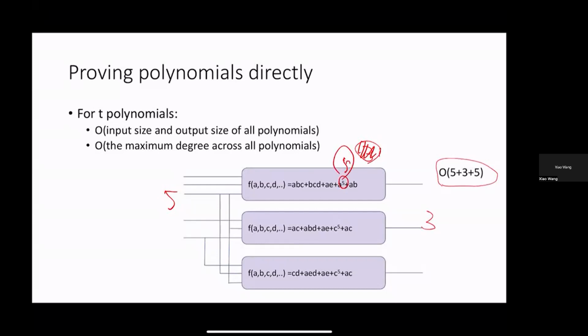Then the cost is essentially linear to the number of inputs, the number of outputs, and the highest degree of all the polynomials. So even if we have many more polynomials, the communication is independent of the number of polynomials. This means that many of the statements that we want to prove in zero knowledge, we can represent as polynomials and get much better performance.